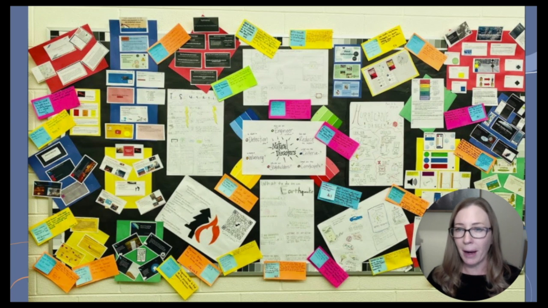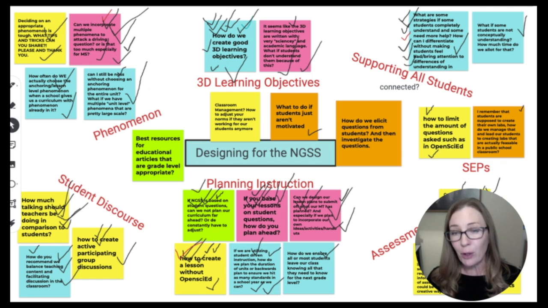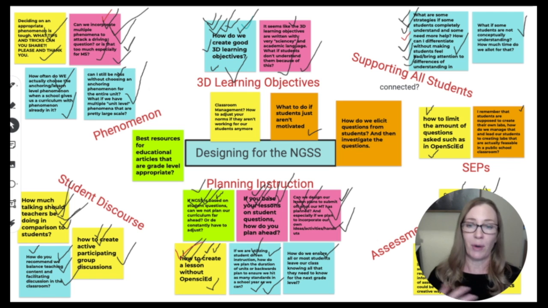But I'll show you my version I use with my Cal State Fullerton pre-service teacher candidates. We're learning how to write curriculum and how to design curriculum for the NGSS and write lesson plans. And so when we first start off, we ask all these questions, we create the categories, and then we use check marks when the students feel like we've reached an understanding to that question. This is being used on Jamboard.